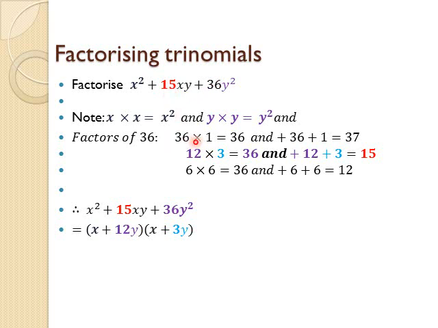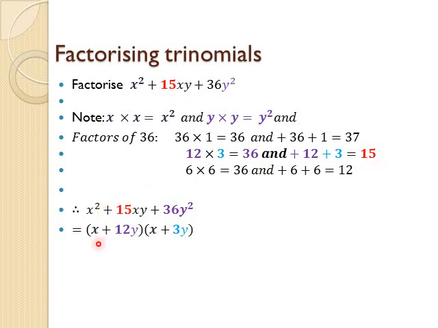So 36 times 1 gives me 36, but plus 36 plus 1 gives me 37, so that's not my middle value. 36 can also be 12 times 3, which gives me 36, and plus 12 plus 3 gives me 15. Right? Then I also have 6 times 6, which gives me 36, and 6 plus 6 gives me 12. So in short, we could have had 37, 15 or 12xy in the middle, but we have 15, so therefore we work with that part there.